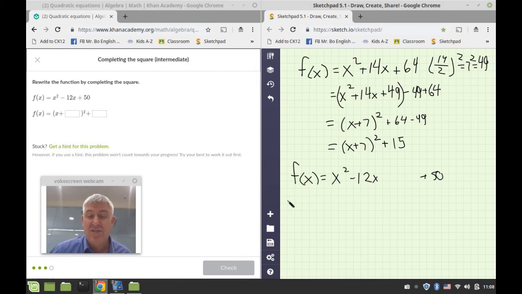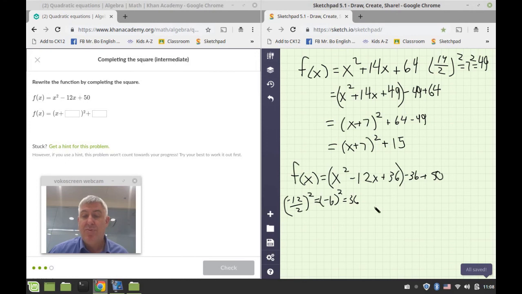So the number that we want is negative 12 divided by 2 squared, just like we did in our first video. And that's equal to negative 6 squared, which is 36. So I'm going to add 36 here, and I'm going to subtract 36, because plus 36 minus 36 is like adding 0, and I didn't really do anything.